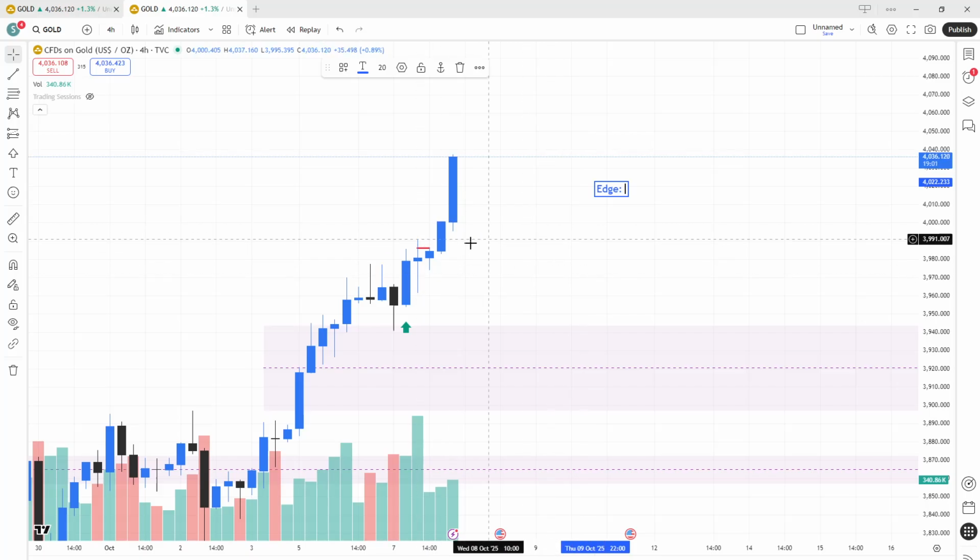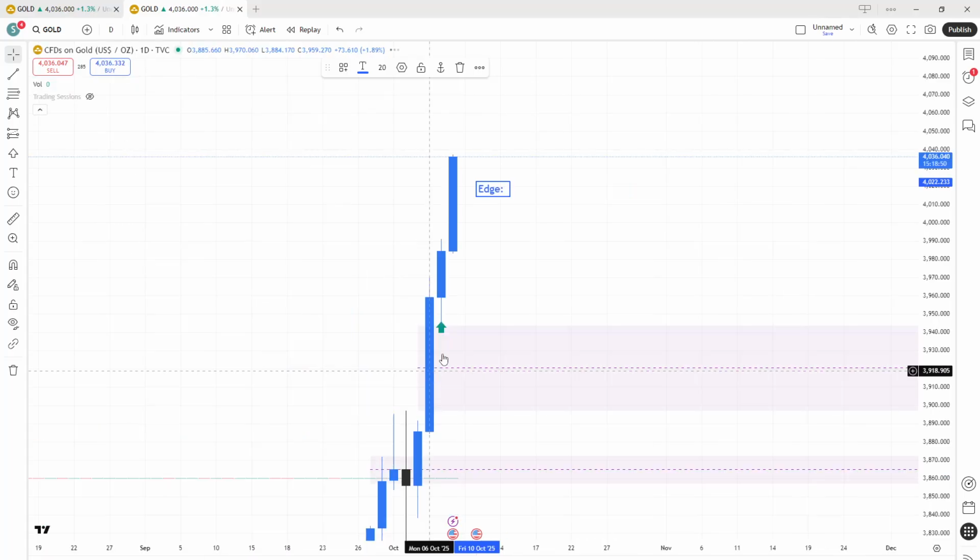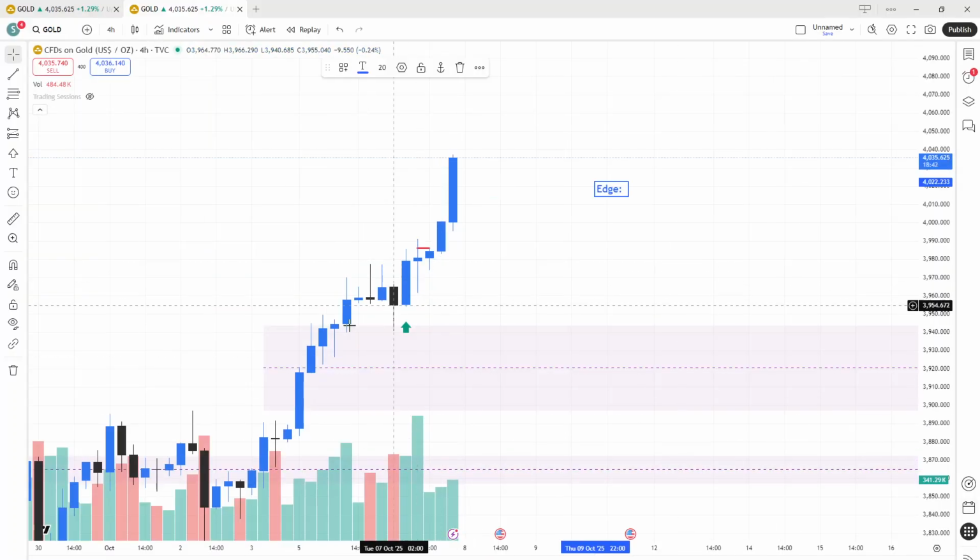So let's go back and say, okay, I got this POI, I got this price inefficiency area, and then price came back and touched it. After that initial touch or reaction, it created this engulfing candle. So this is what I saw, right?